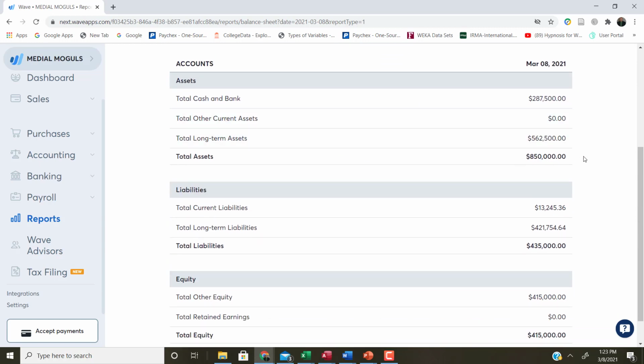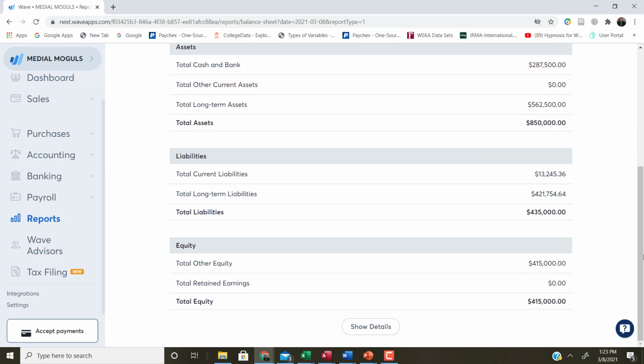And so notice now that the assets have changed. They're not 870 as you saw in your trial balance. The debit side is no longer 870, it's 850 because I had to subtract on the asset side the accumulated depreciation. Now, this is one thing, just looking at this particular little software package that was free, so I can't complain too much.